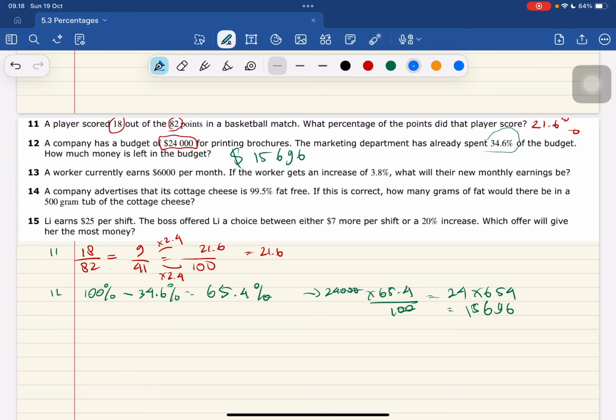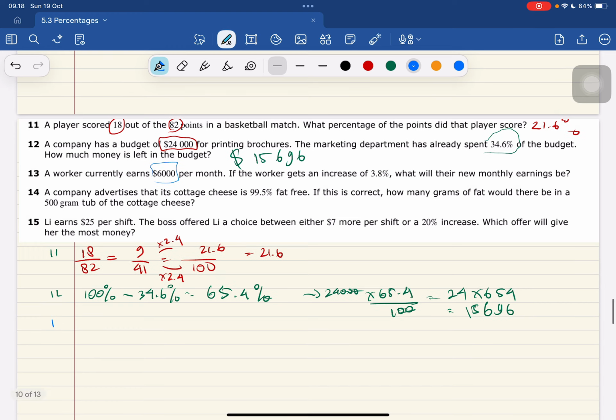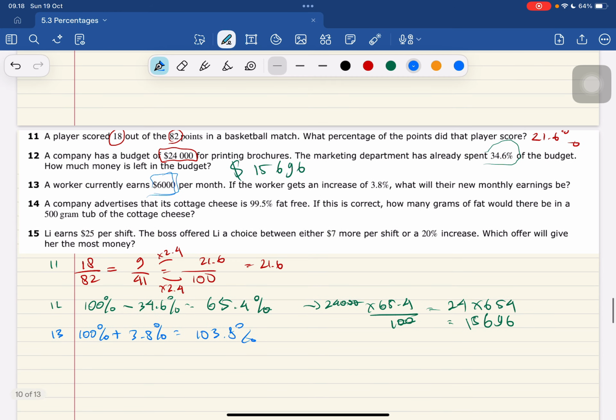Next, a worker currently earns 6,000 per month. If the worker gets an increase of 3.8%, so this is for 13, 100% first, increase by 3.8, so it's going to be 103.8%. So we have 6,000 times 103.8 over 100.